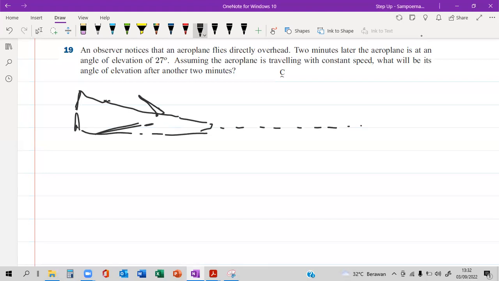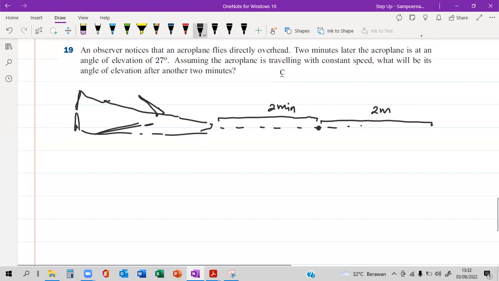This is the first 2 minutes, and this is another 2 minutes. Now you are here, just below the airplane, standing here watching everything carefully.